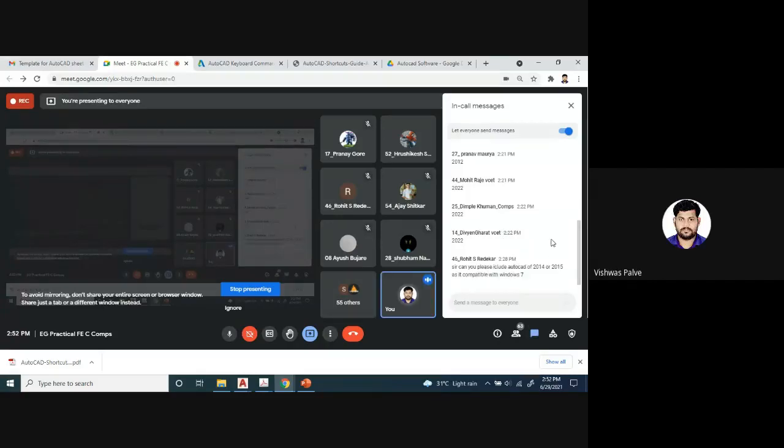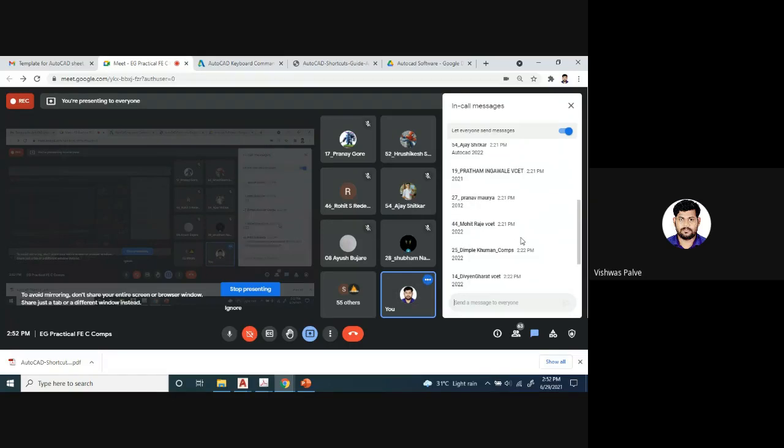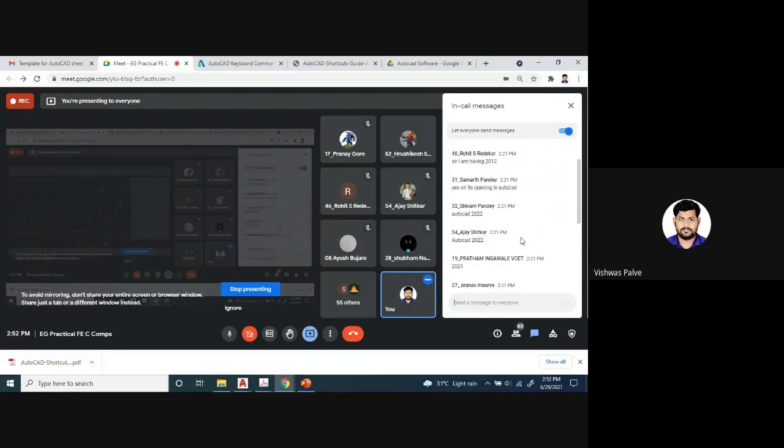Sir, can you please include AutoCAD 2014 and 15 as it is compact? Okay, 2014-15 I will try. If I have a file, I'll upload. Sir, I am having AutoCAD 12. Oh, fine.